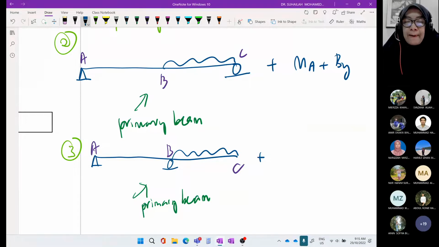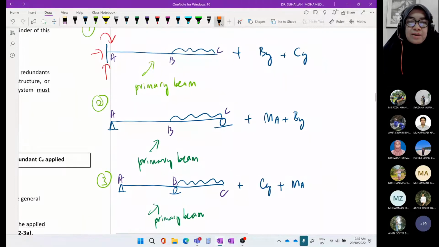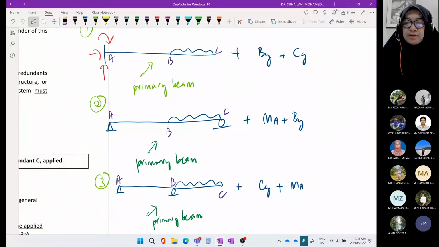We remove CY, correct? One more? MA. Okay, so we have now 3 sets of solution, and we can choose any set that we want to continue.